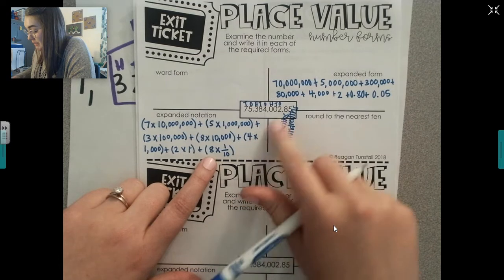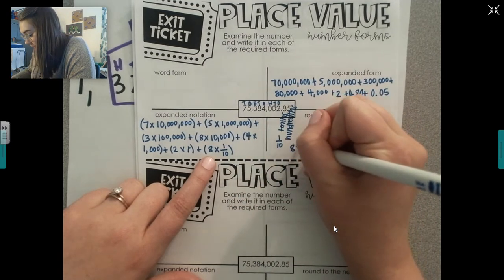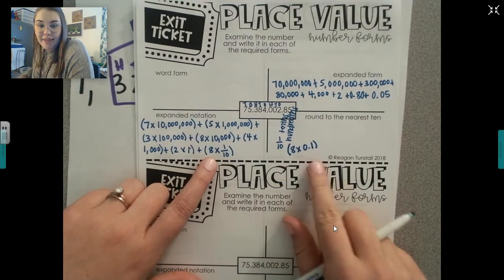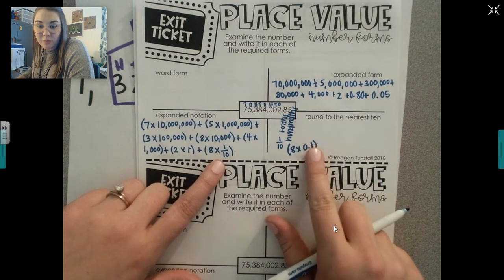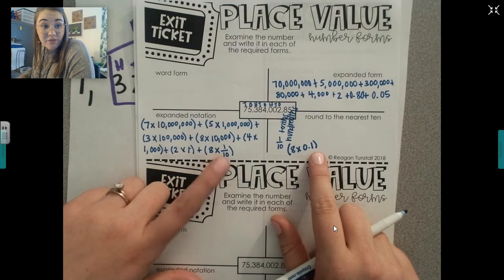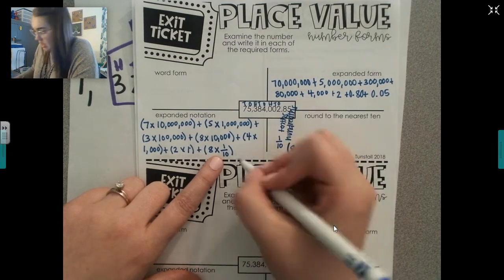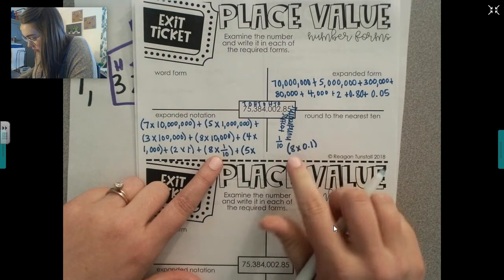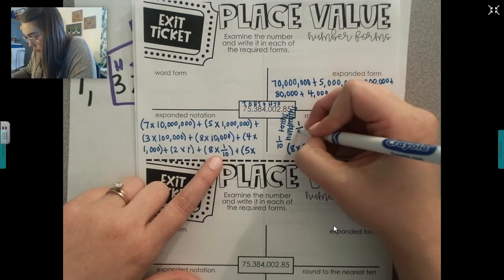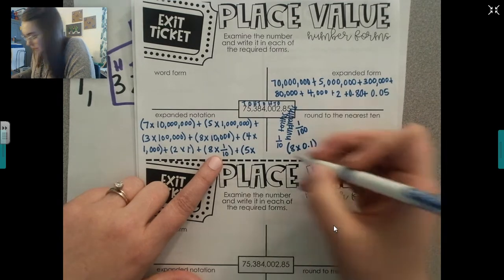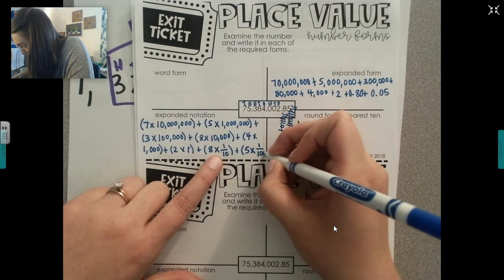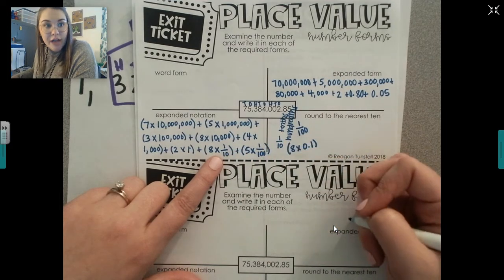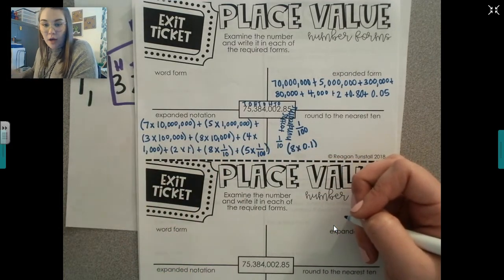To also represent that 8, I could also do 8 times 0.1, like that. Those are the same numbers. This one's just in a decimal. This one's in a fraction. Same exact thing. This one, I could do 5 times, and to represent hundredths, it's just 1 over 100. 5 times 1/100th, 1/10. That's a fraction. 1 over 10, 1 over 100.